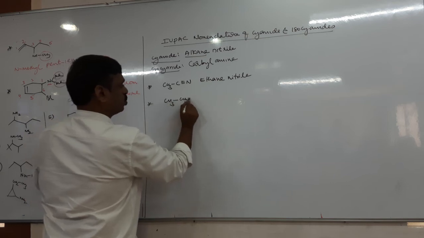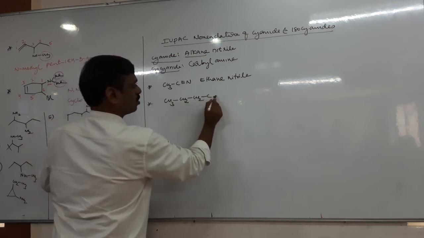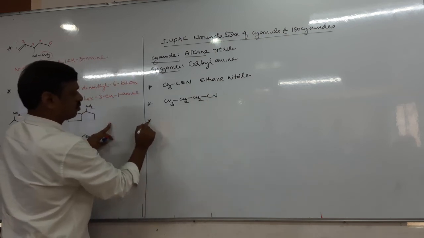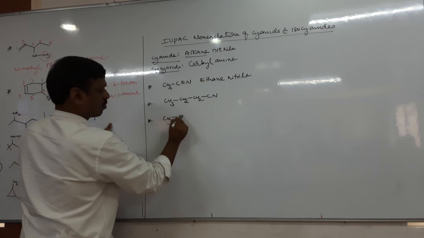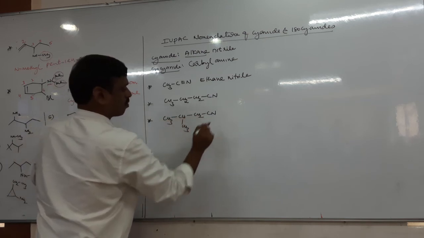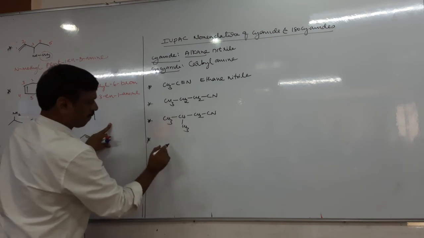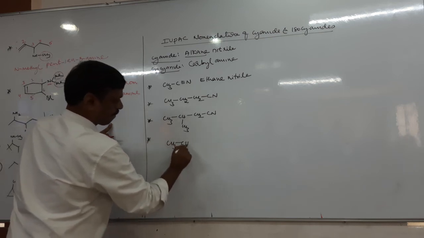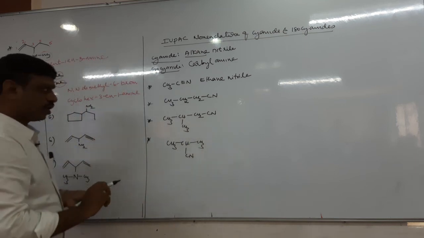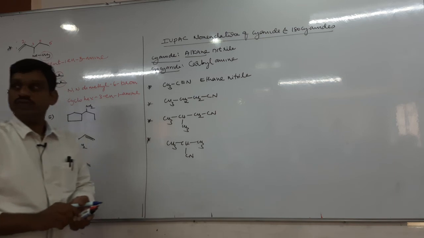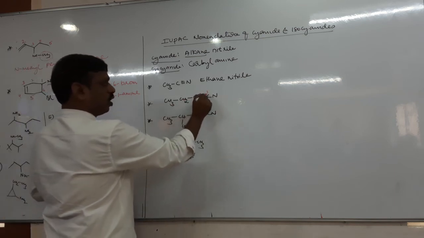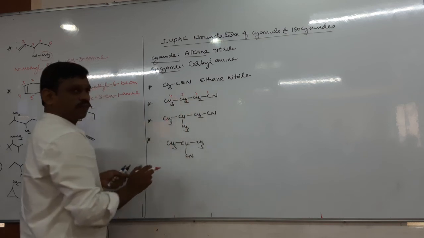CH3 CH2 CH2 CN. Okay, and tell me now. So it is 1 2 3 4.